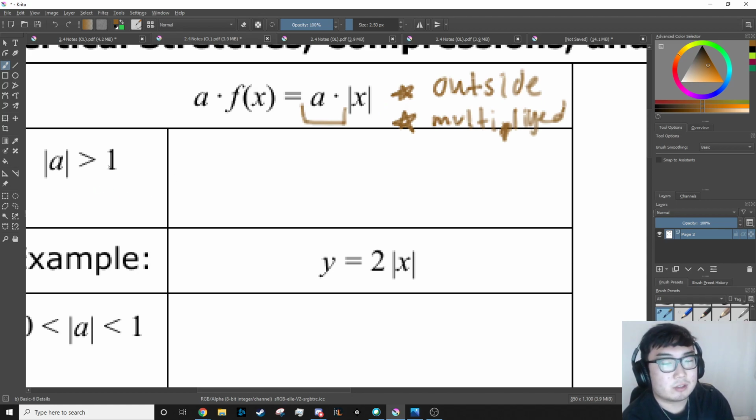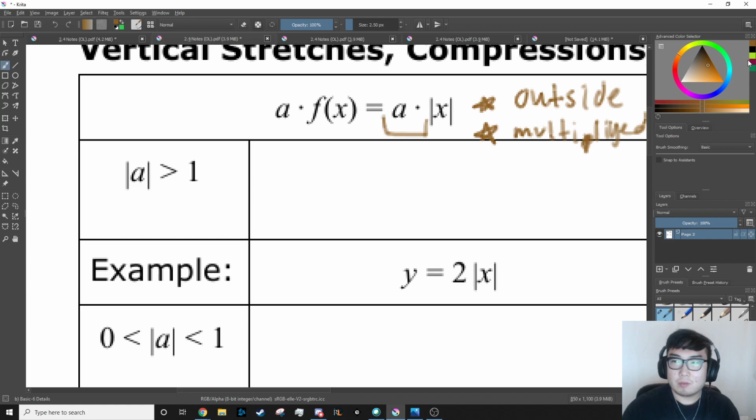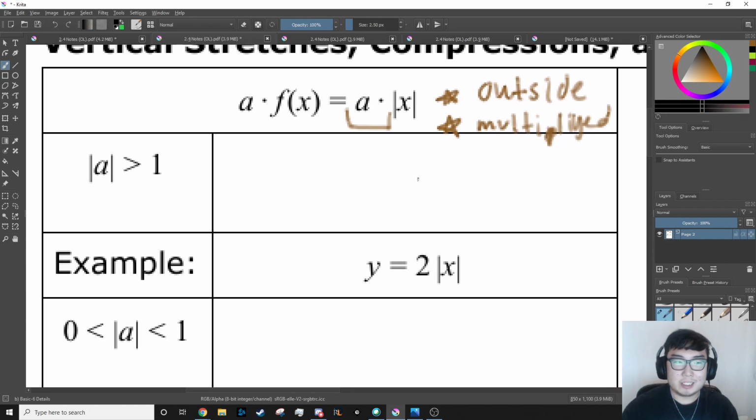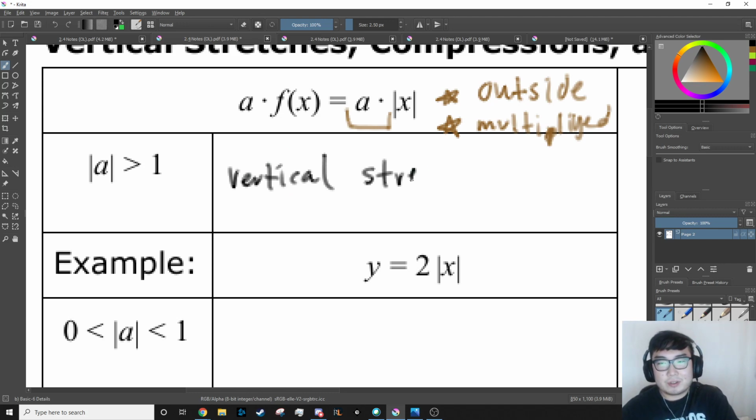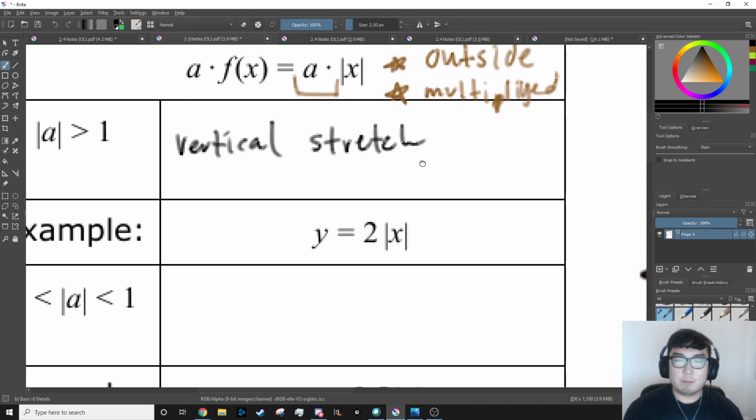So when a is greater than 1, or the absolute value of a is greater than 1, we can say that it is a vertical stretch. And that's because if my a is greater than 1, think of it like a slope. If my slope is big, then my graph gets steeper.